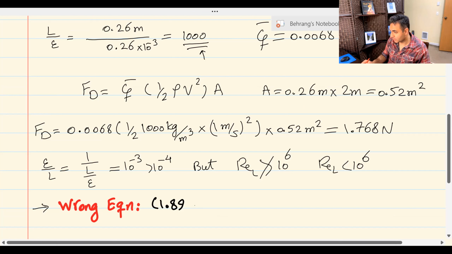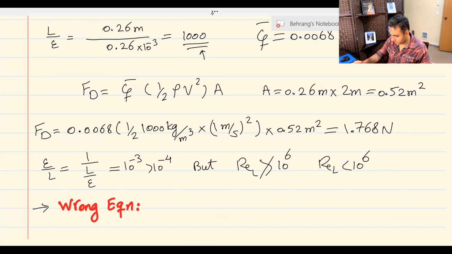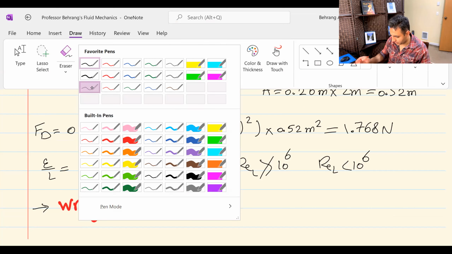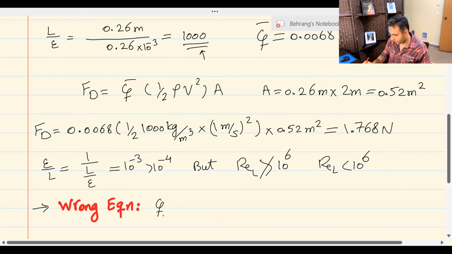CF wrong equals 1.89 minus 1.62 log 10 of epsilon over L, to the power negative 2.5.